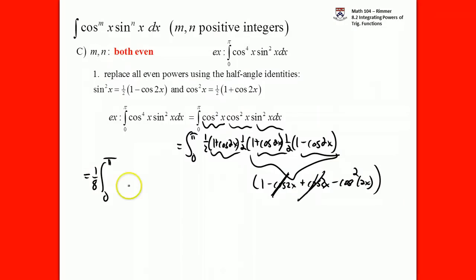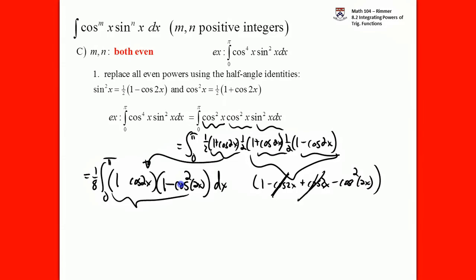All right, so here's what I'm looking at now. I have 1 plus the cosine of 2x, the other guy, this guy here. And now this is 1 minus cosine squared on 2x. Now I'm going to FOIL this out. Oh, there goes my plus finally.